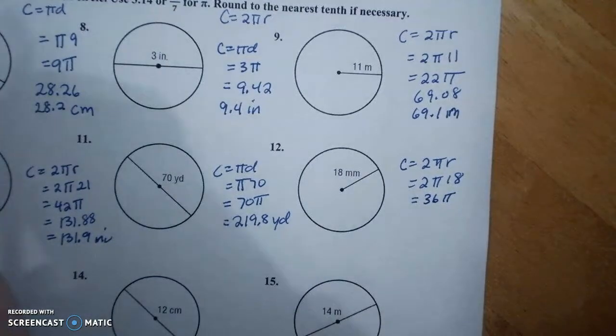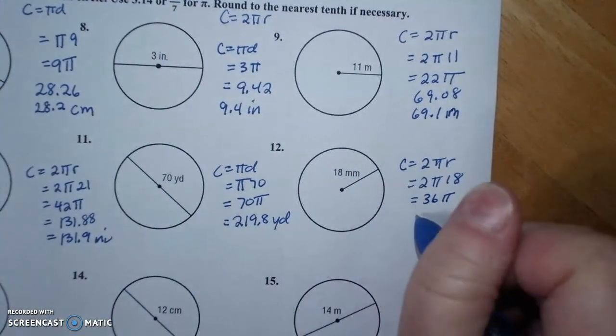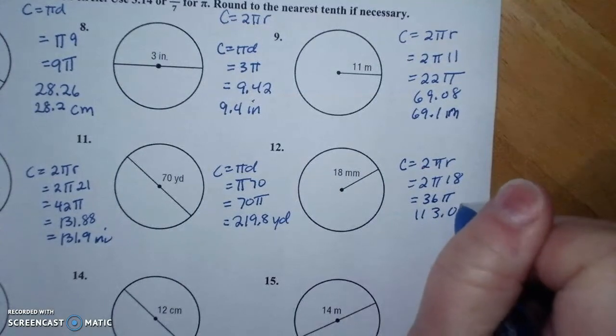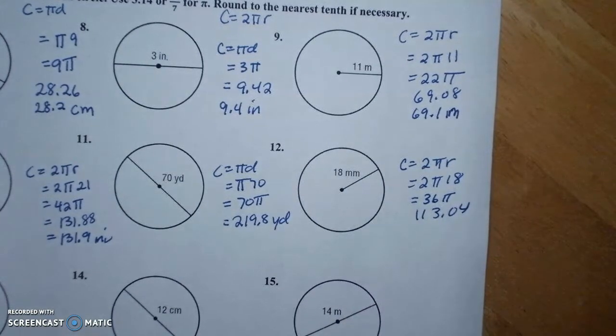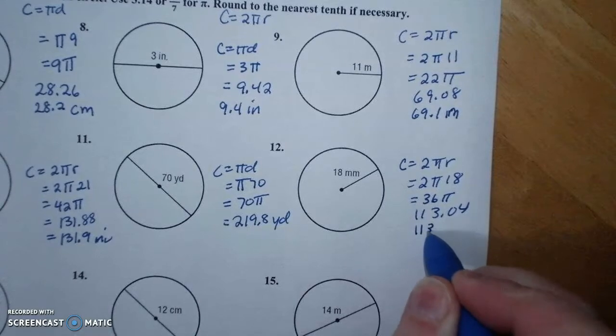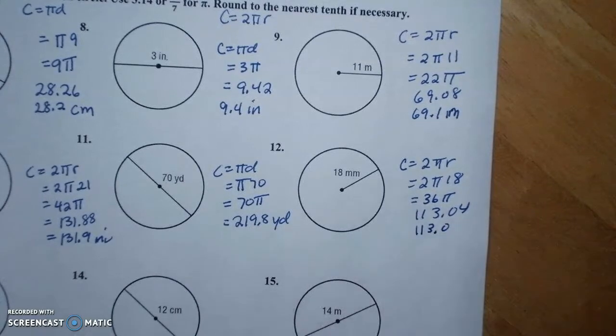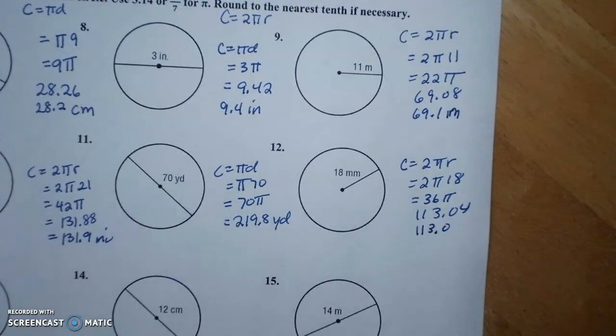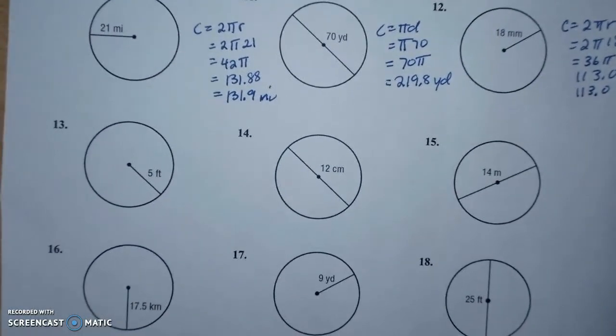Then at the very last I do 36 times 3.14 and I get 113.04. Then round it to the tenth, 113.0. It has always been suggested to leave your pi in your problem until the very end because then you don't have to use decimals throughout.